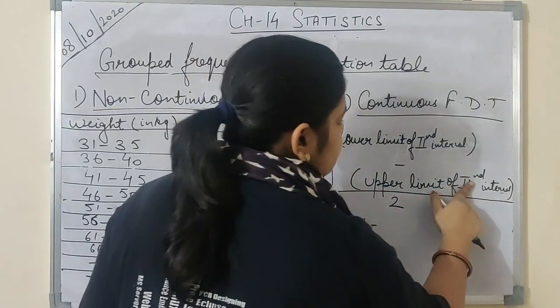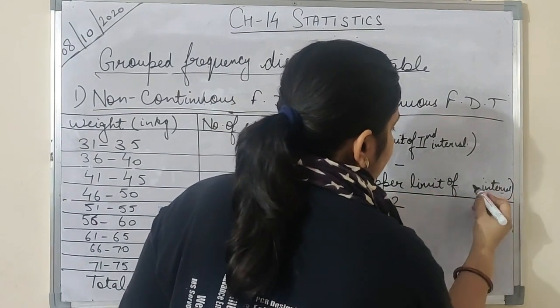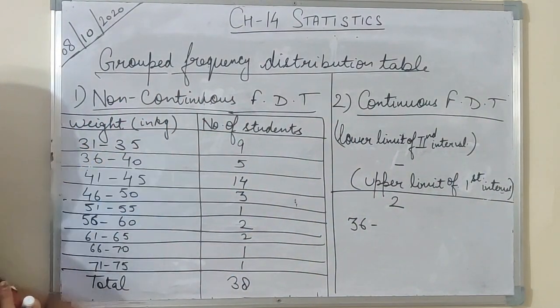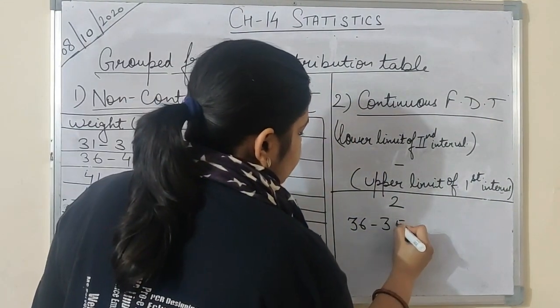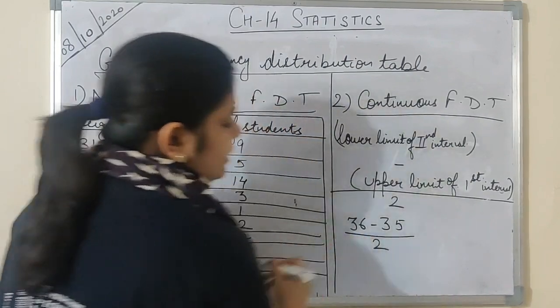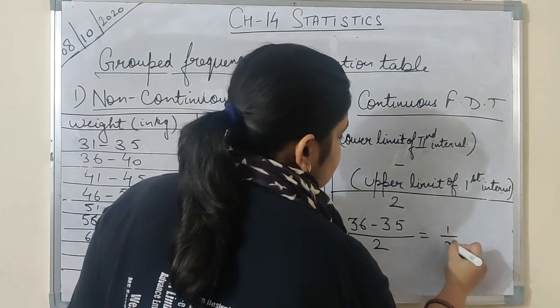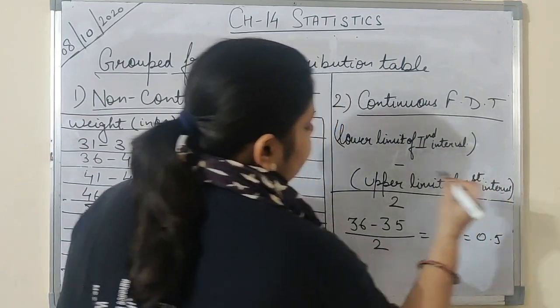Sorry, upper limit of the first interval will come here. So you can see that the upper limit of the first interval is 35. So 35 will come, and then we will divide the difference by 2. So you will observe that the answer is coming as 0.5.